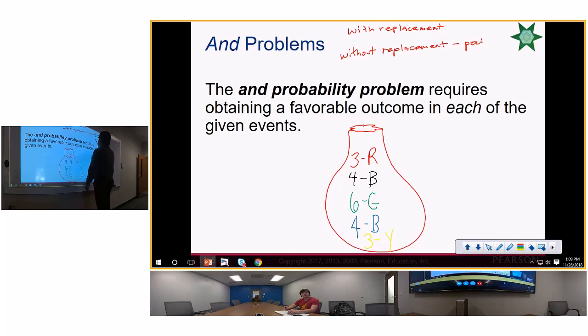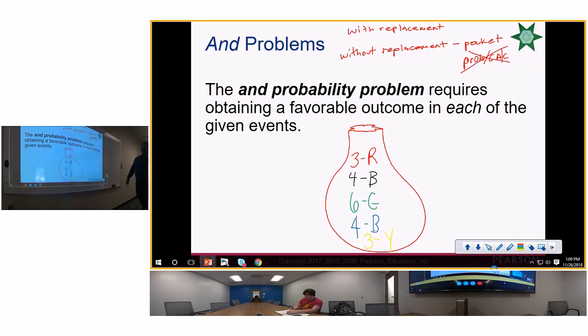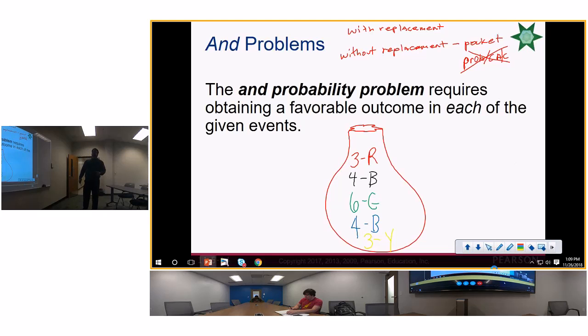When you put it in your pocket, that messes up the probability. Okay, so I'm going to put probability / calculation. I'm going to put an X through it. Why is the probability and the calculation messed up if you put the marble in your pocket?